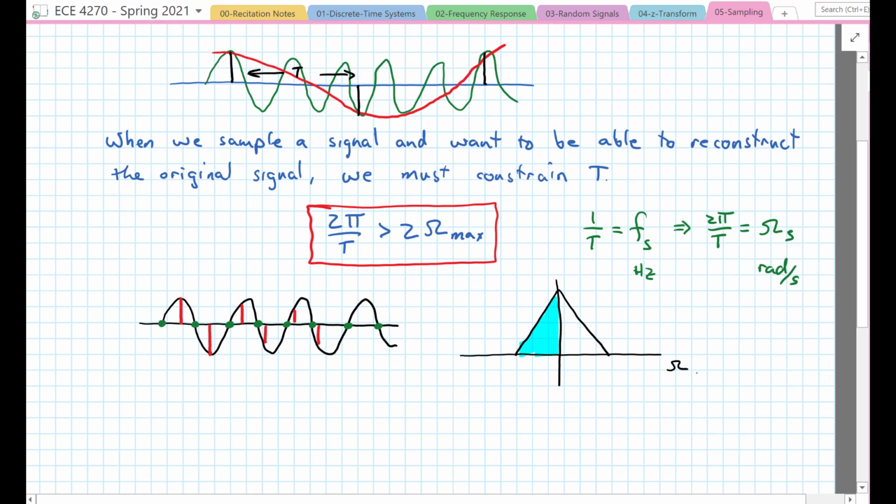So our continuous time frequency, 0 is there. And it's usually symmetric, in as much as this might be symmetric. It's kind of hard to tell with my artistic abilities. This would be the frequency spectrum of a continuous time signal.